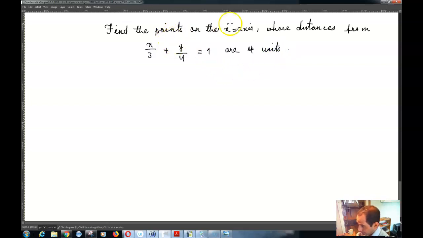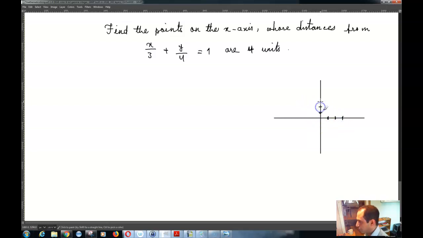So basically you want to know how many points you can find on the x-axis whose distances from this line are 4 units, and this line is supposed to be this line over here.